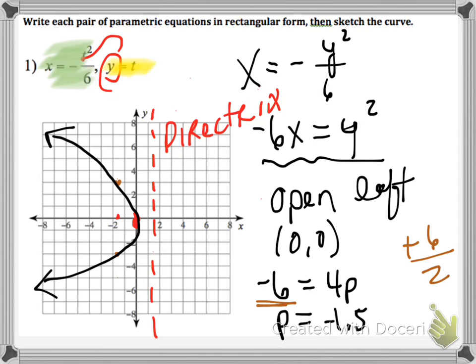Now, before you hit the graph button, I want you to make sure that you are ready to watch the calculator. Because if you watch, the calculator will do a couple things for you. It'll not only graph your shape, but it will also graph your direction. You have to watch where your calculator graphs your parabola. If you hit the graph button, you notice that your parabola starts basically in quadrant 3.